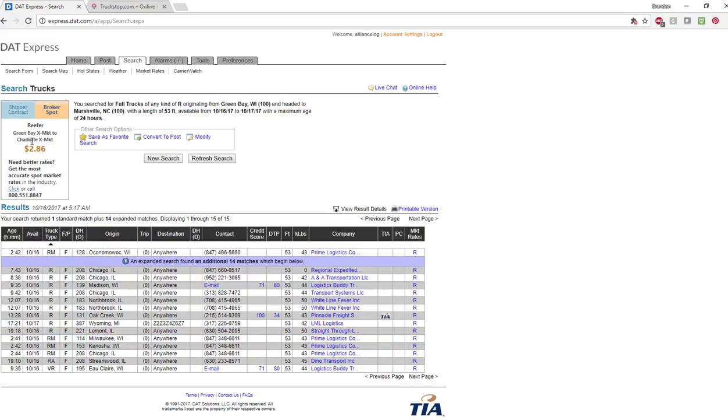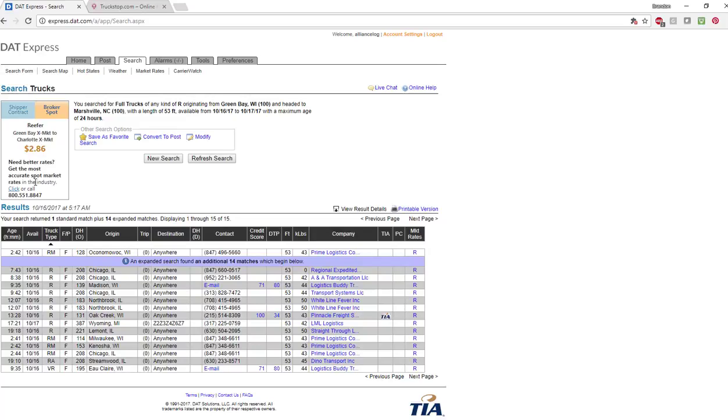As you can see here, this particular market is showing $2.86 as about average to the truck on your broker spot rate. Reefer, Green Bay to Charlotte, $2.86.